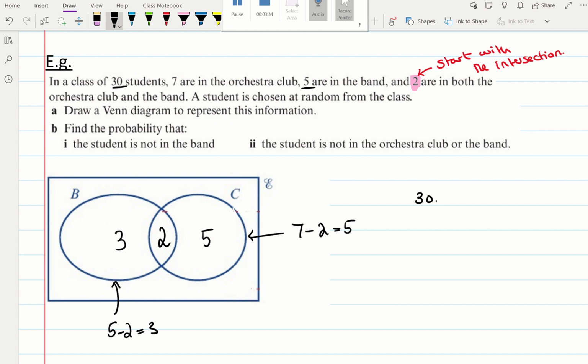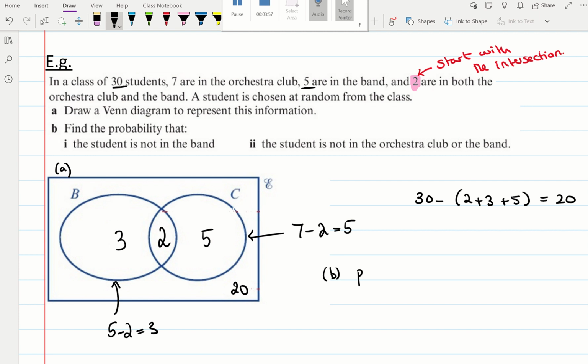So 2 plus 3 plus 5 is 10, and 30 minus 10 is 20. And therefore the rest of the students in the class don't do band and don't do orchestra, and I put them outside.